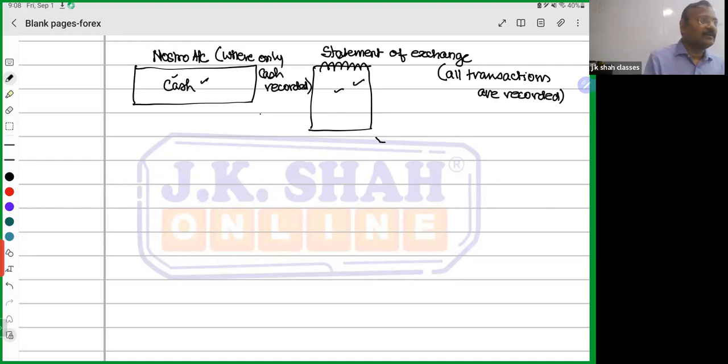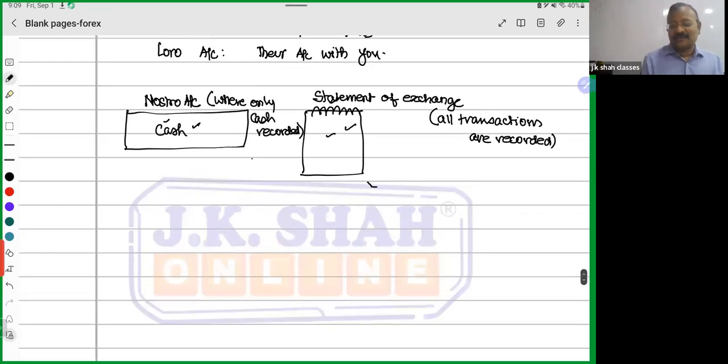Where will you record it? Both? No, only in cash. You have already entered one, no? See, understand, when I said all transactions to be recorded, it means all transactions to be recorded once, right? So forward contract entered, you already recorded it here. When the forward contract is due, on the due date there will only be a cash account entry.